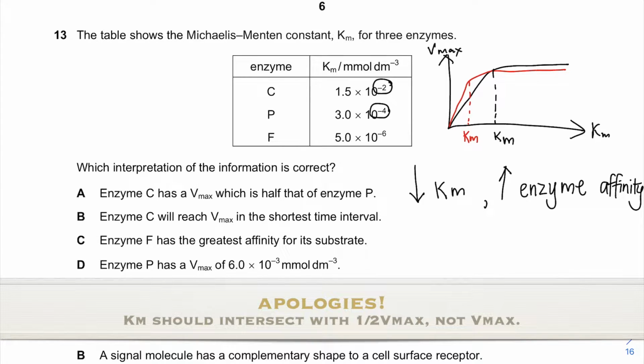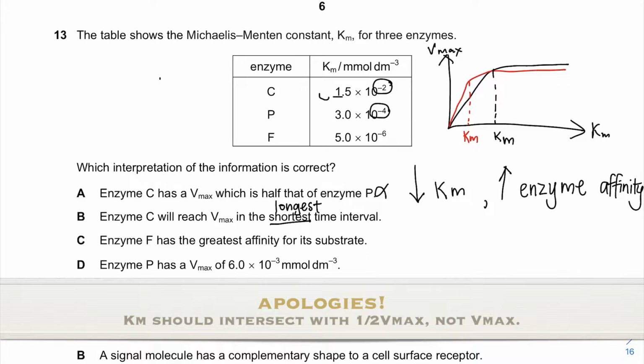B. Enzyme C will reach Vmax in the shortest time interval. No, enzyme C would actually reach Vmax in the longest time possible, because this is 0.015.